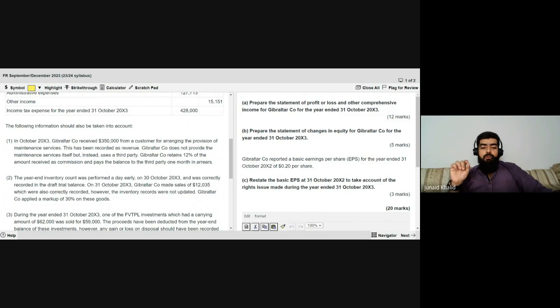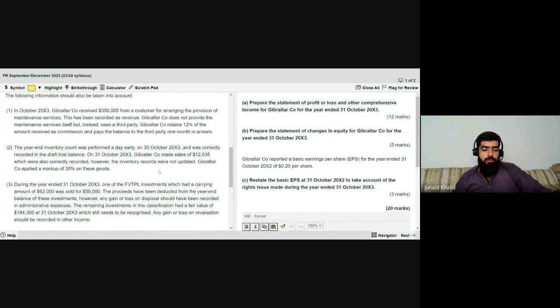It means the company has already recorded the sales of that amount, but inventory was not updated with it, so that $12,035 was sold but has not yet been adjusted. The company applied a mark-up of 30% on these goods.